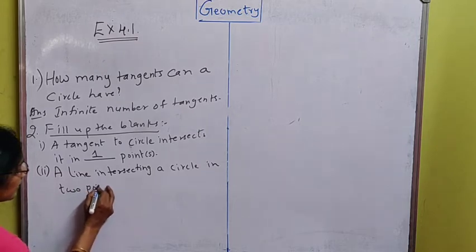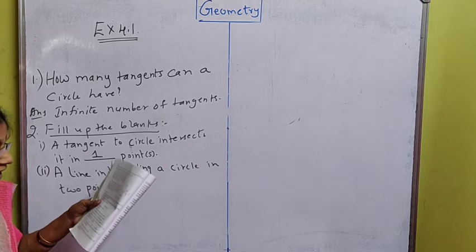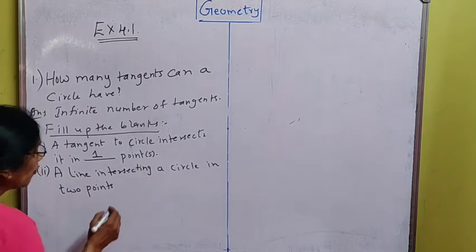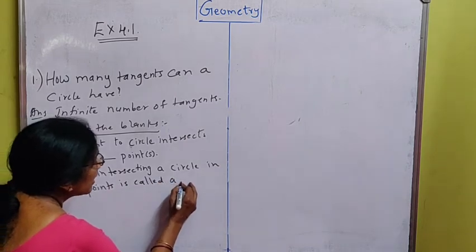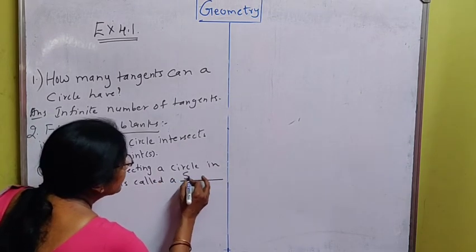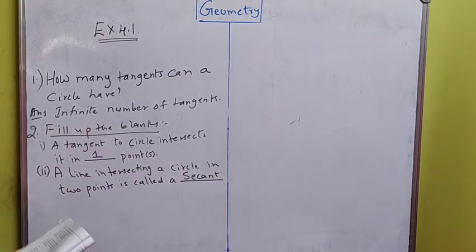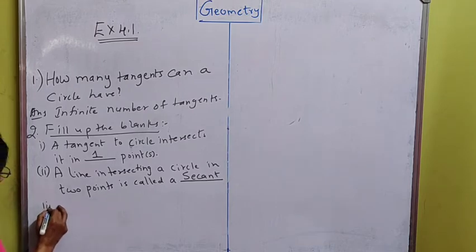As in the last video I have explained regarding this, a straight line that intersects a circle at 2 distinct points is called a what? Secant. So the answer is secant. Okay.